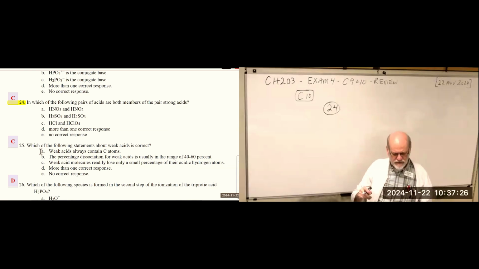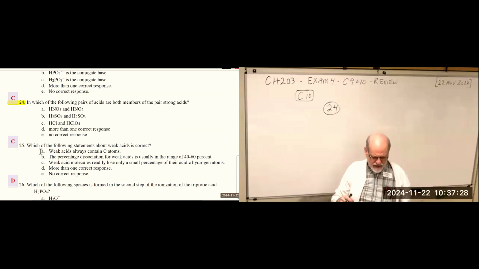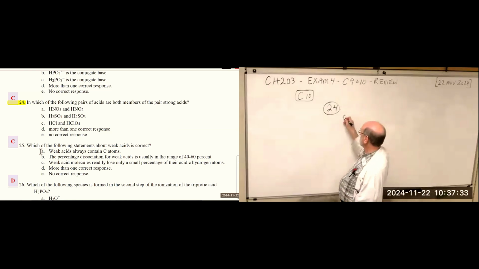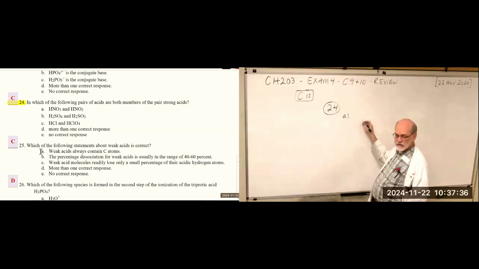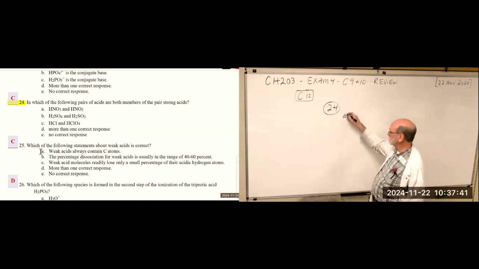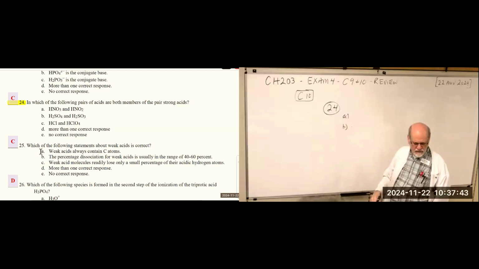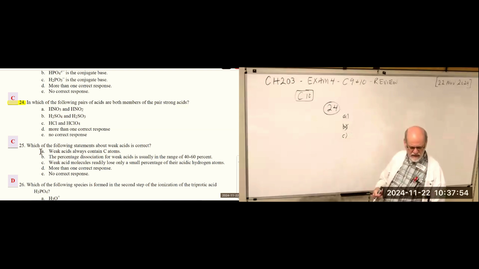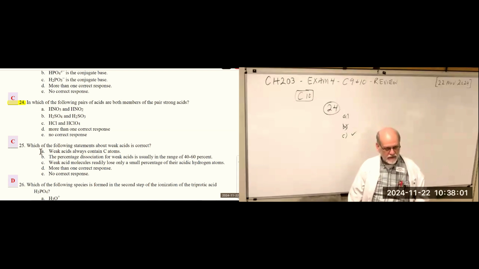24, in which of the following pairs of acids are both members of the pair strong acids? Oh, all right. Well, for A, nitric acid is strong, but nitrous acid is weak. So A doesn't work. How about B? Sulfuric acid and sulfurous acid. Right? The first one is strong, second one's weak. That one doesn't work. How about C? Hydrochloric acid and perchloric acid. Oh, yeah. They're both strong. In fact, perchloric acid is stronger than hydrochloric.